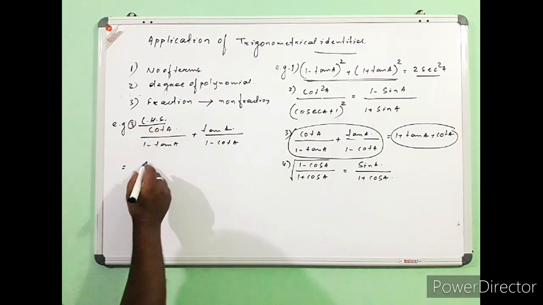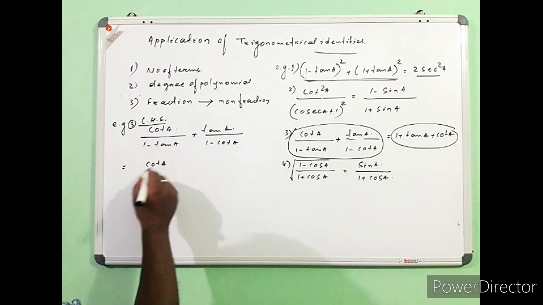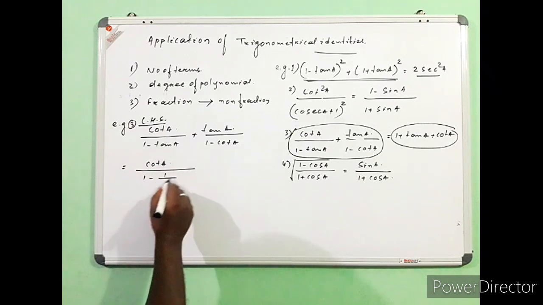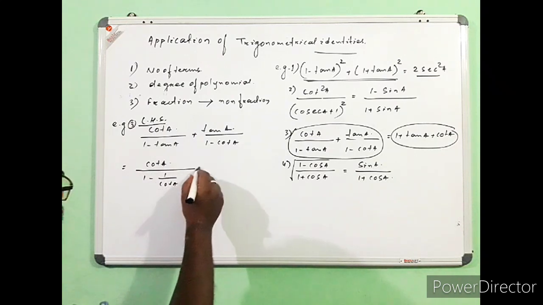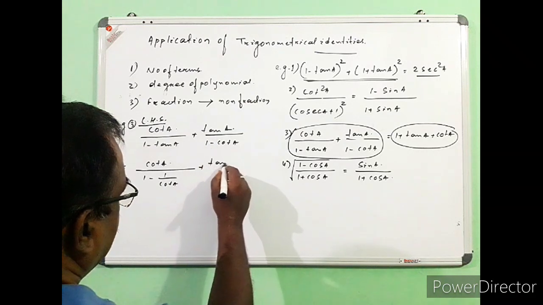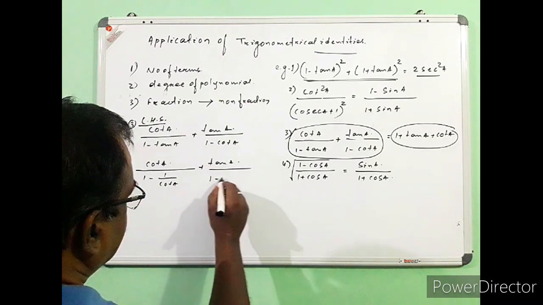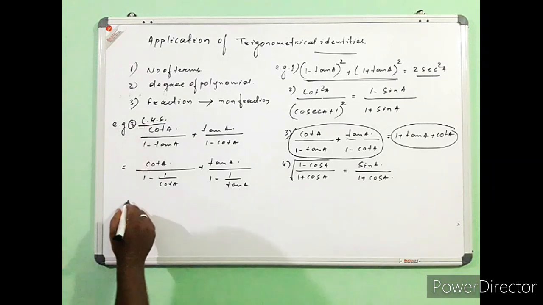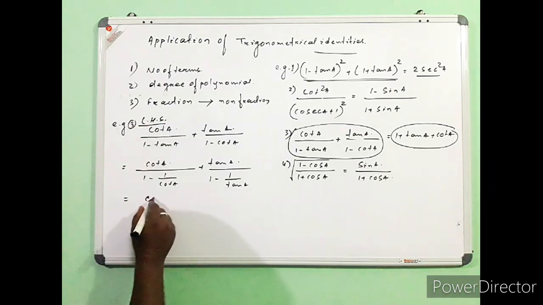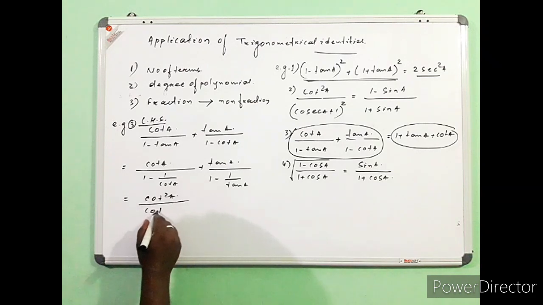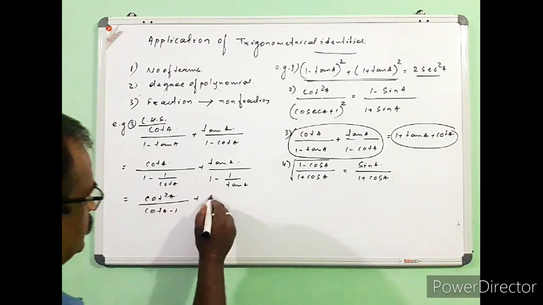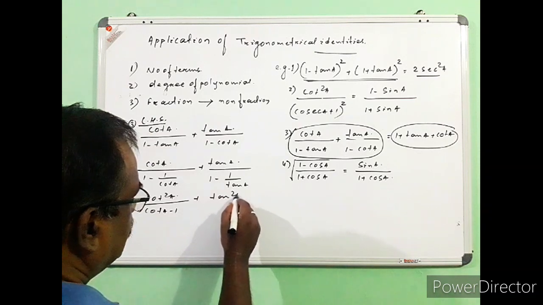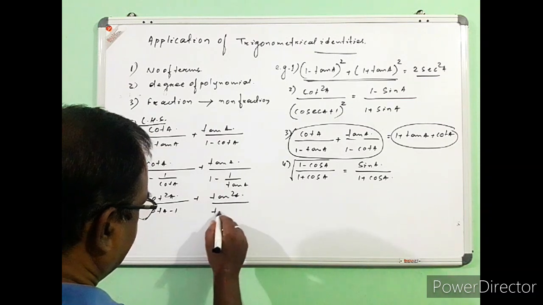We can write cot A by (1 minus 1 by cot A) plus tan A by (1 minus 1 by tan A), which will be equal to cot square A by (cot A minus 1) plus tan square A by (tan A minus 1).